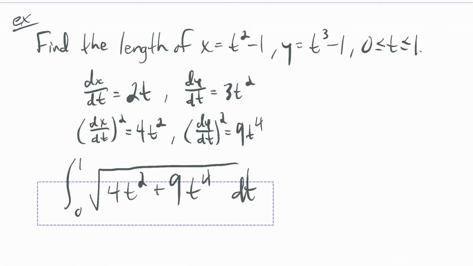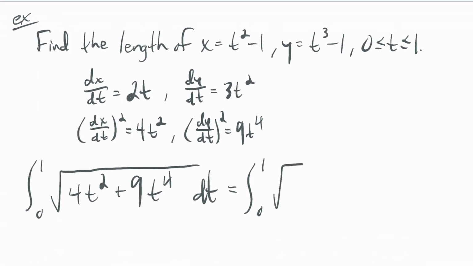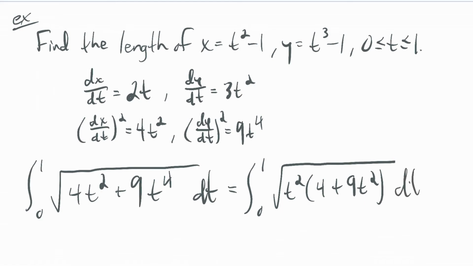So this will be the integral from 0 to 1 of the square root of t squared times (4 plus 9t squared) dt.